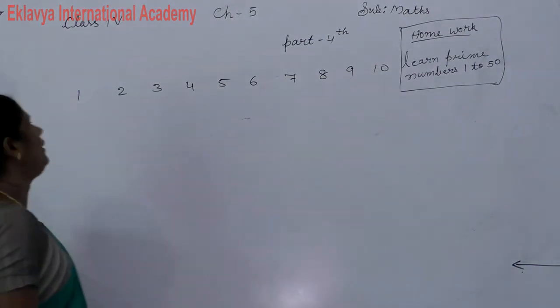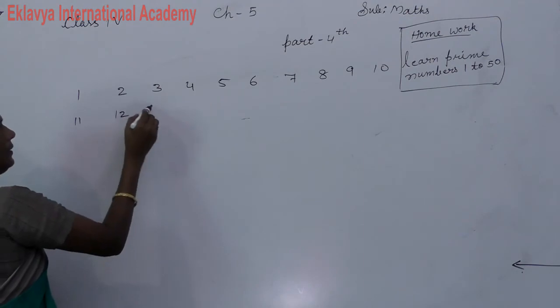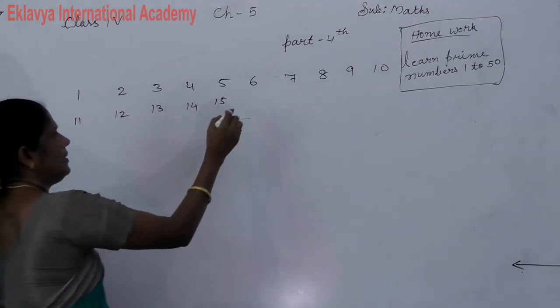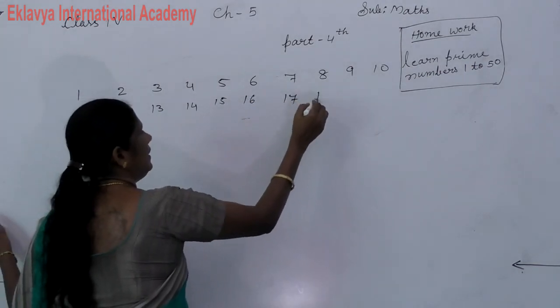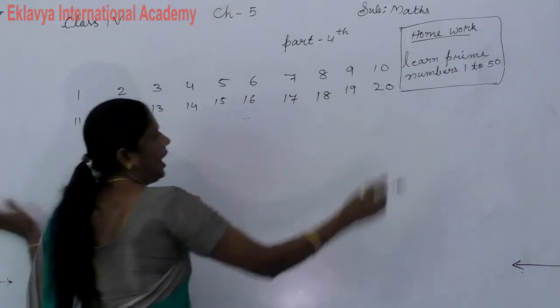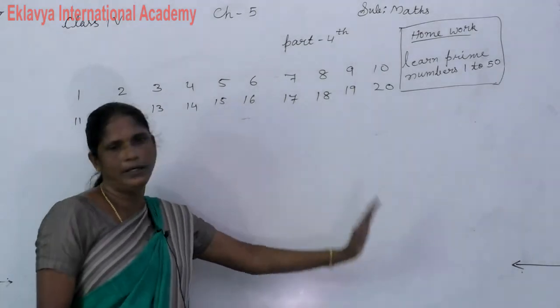Then you write here 11, 12, 13, 14, 15, 16, 17, 18, 19, 20. Up to 100. You write up to 100.